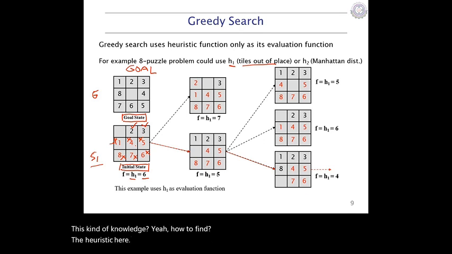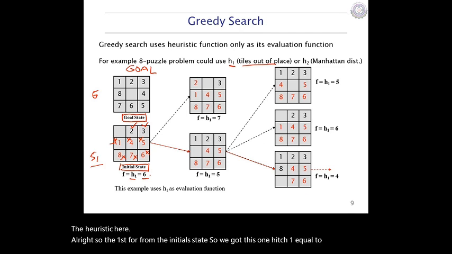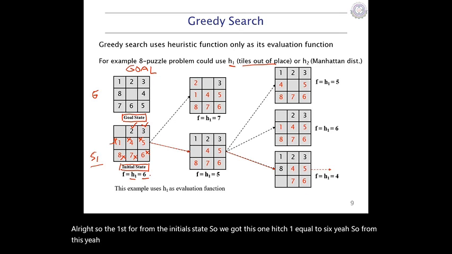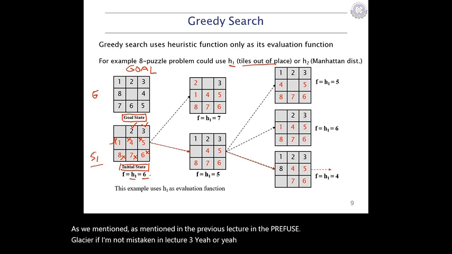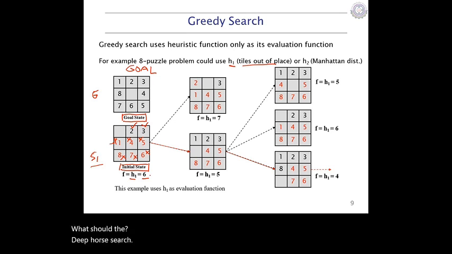All right, so from the initial state, we got h1 equal to 6. From this, we divide into the branch. As mentioned in the previous lecture, actually, if I'm not mistaken, in lecture 3 about depth first search, or even BFS also still the same, using this.